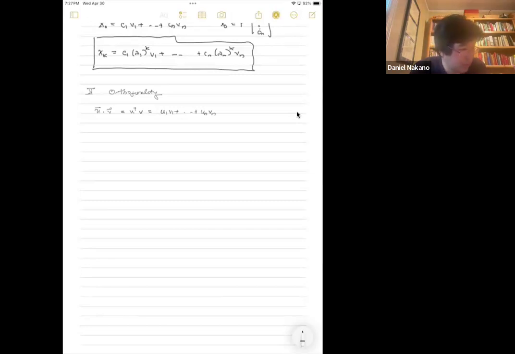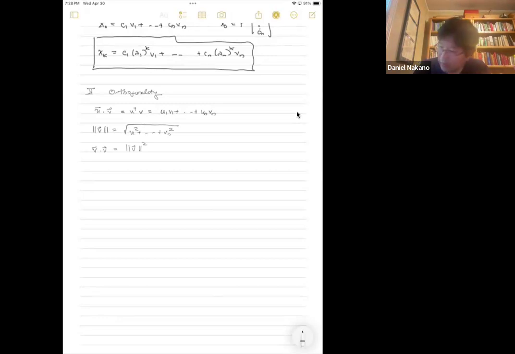Okay? And if I want to know the length of v, of course, this is the square root of v1 squared plus ... plus vn squared. And of course, if you take the dot product of v and v, you get the square of the length. Okay, I think that's pretty clear.